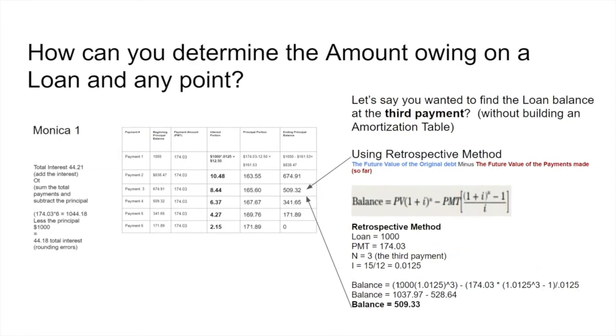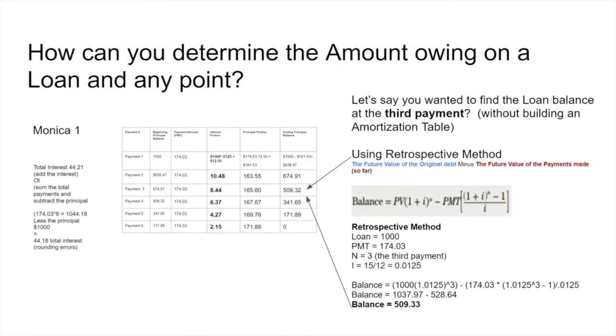If you did the math on these formulas, you would get 1037.97 minus 528.64. This one here is 1037.97, and this one here is 528.64. 1037.97 minus 528.64 is $509.33.